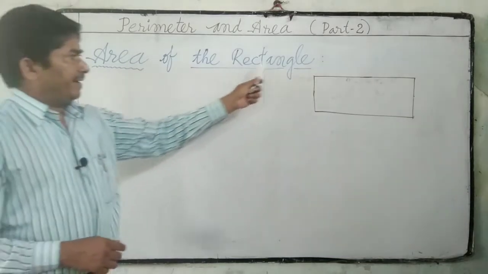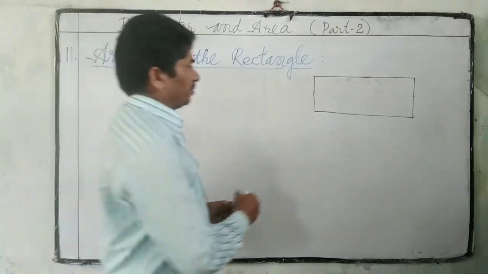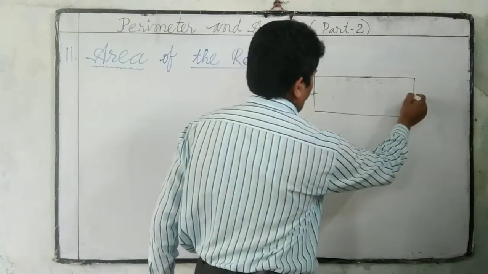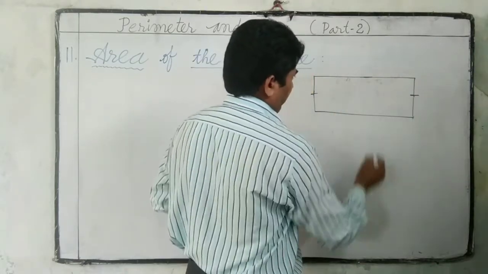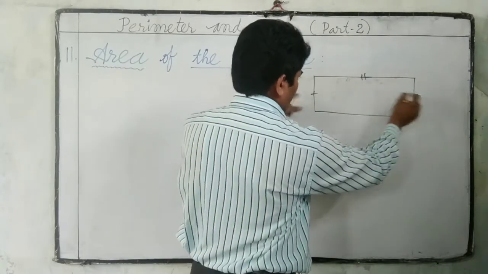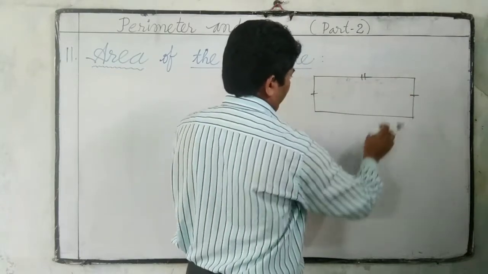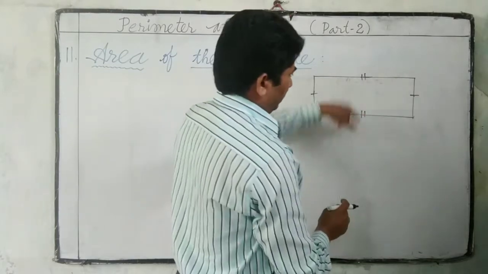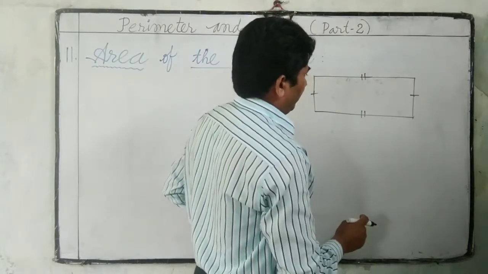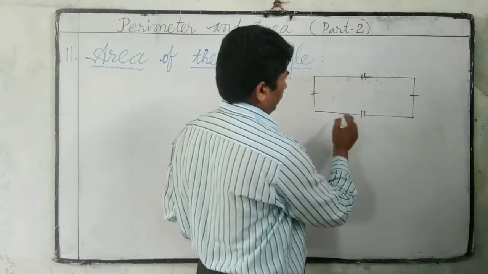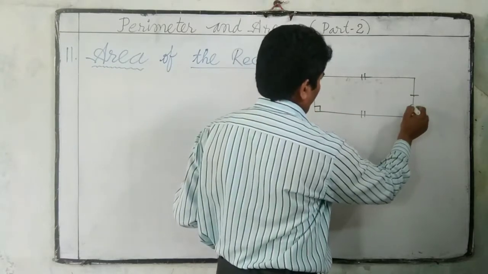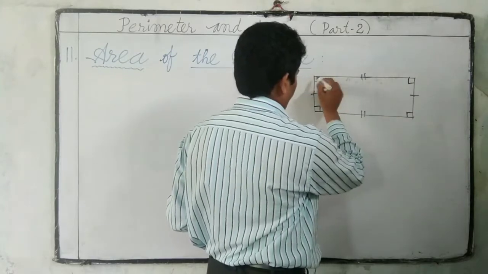Area of the rectangle. This is a rectangle. Opposite sides are equal in a rectangle. These are one pair of opposite sides. These are another pair of opposite sides of the rectangle. And all angles are equal, that is 90 degrees.